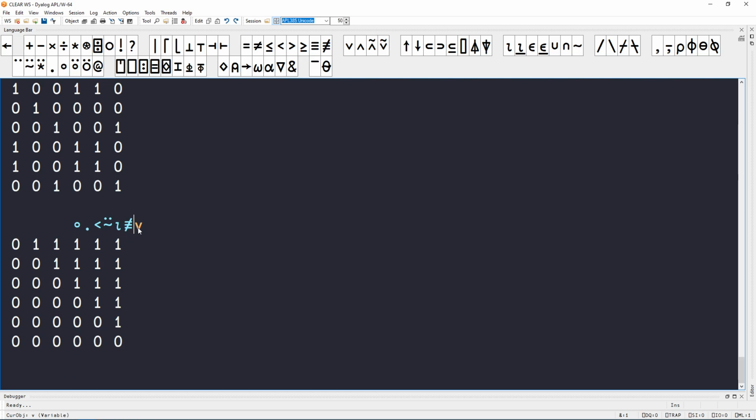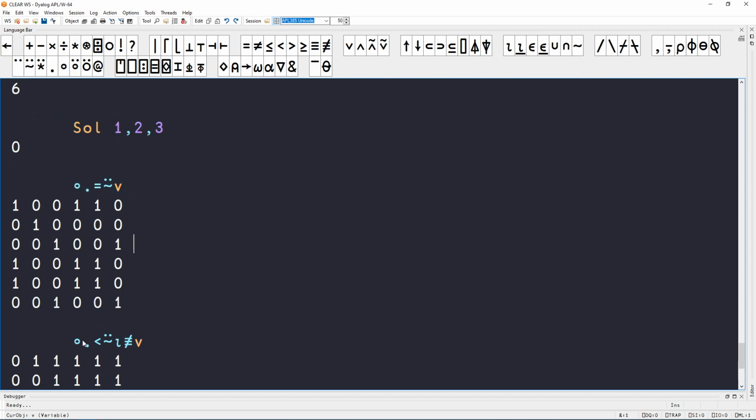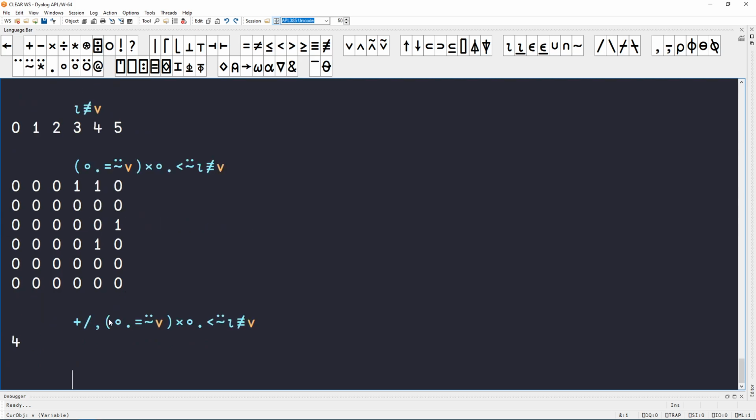So iota tally V gives me the first non-negative integers as set by the size of V. So we have this, and now we can multiply this with this original matrix, and now we can sum the ravel. So that's the same thing, and it seems to me that this is easier to write in a tacit form.